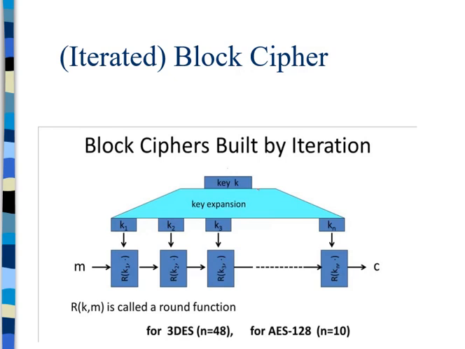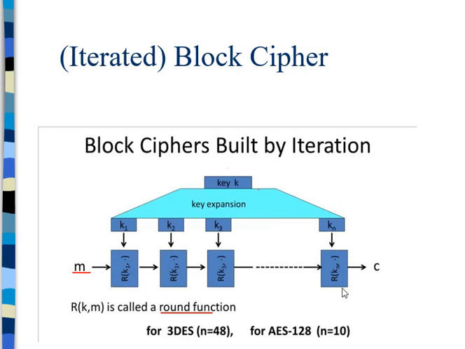It means that normally we have some iterations that we call round functions. In fact, to encrypt a message like M, we need some iterations.